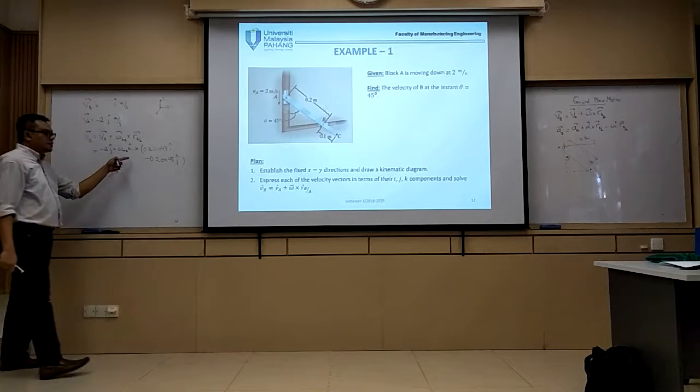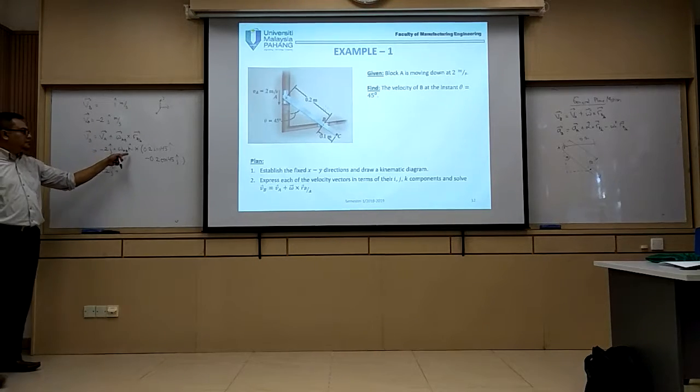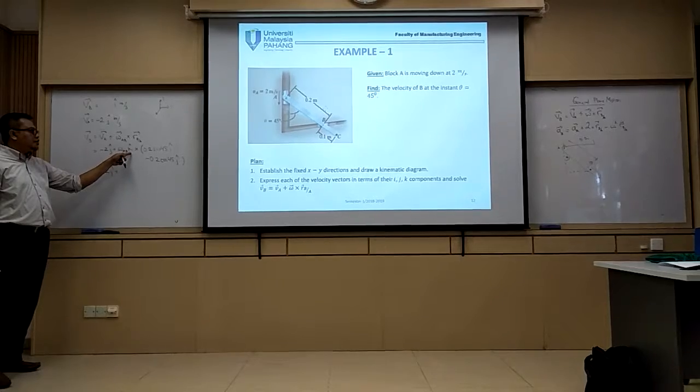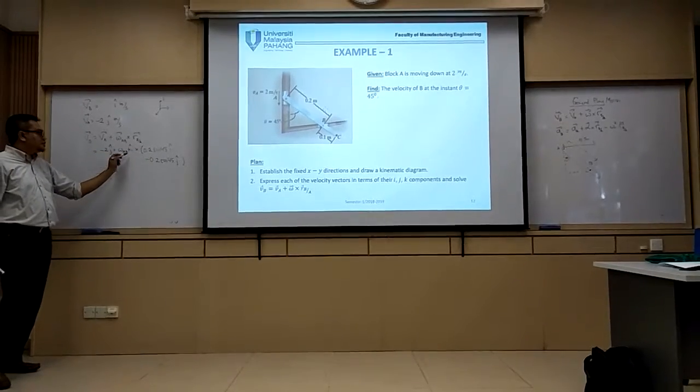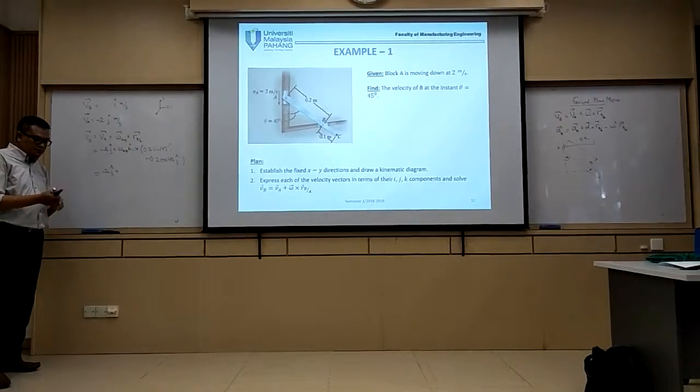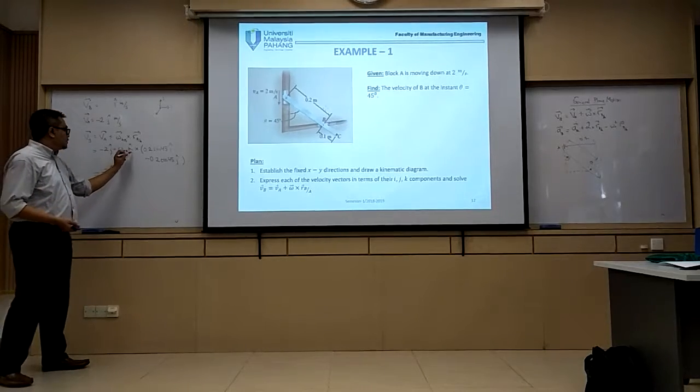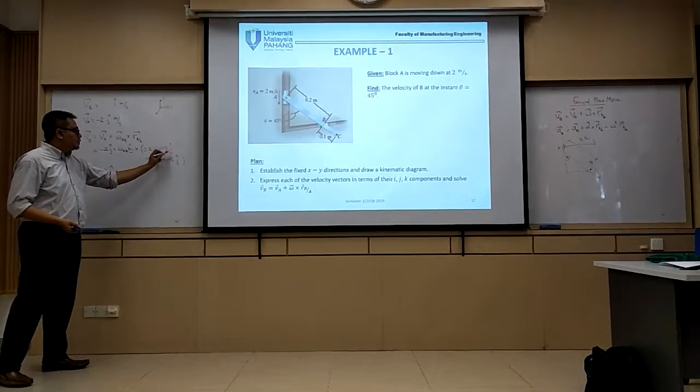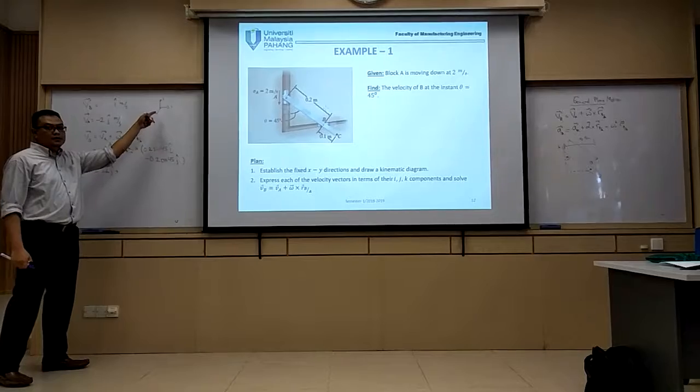Plus omega, now omega K cross I. And 0. So you see this: K cross I. What is K cross I?